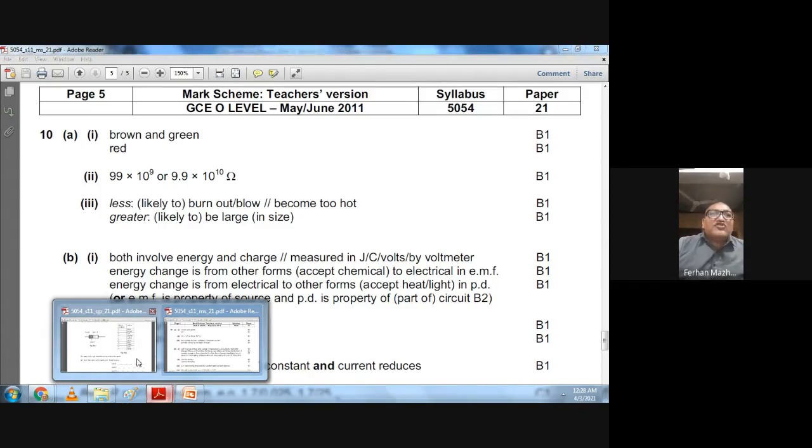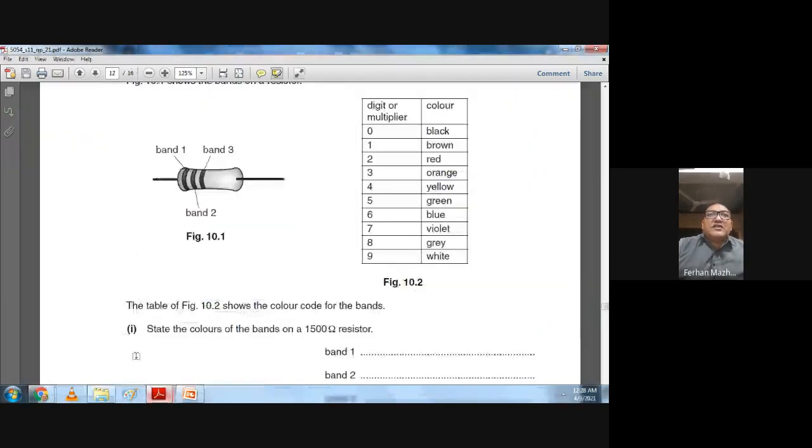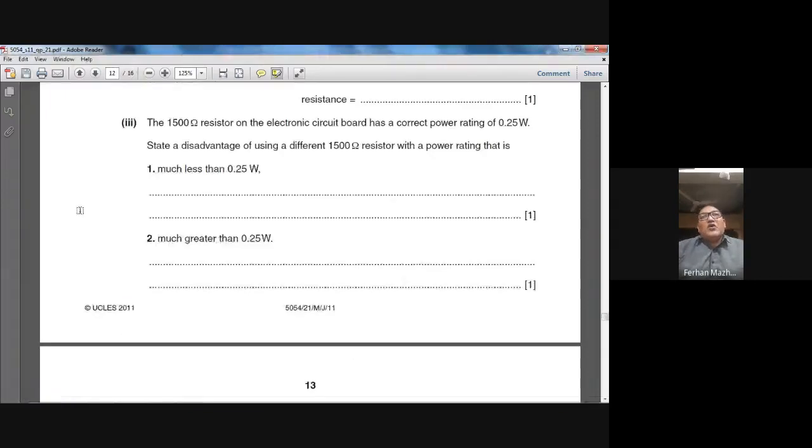Okay, the next question. It says a 1500 ohm resistor on the electronic circuit board has a correct power rating of 0.25 watt. This much power it can bear. State a disadvantage of using a different 1500 ohm resistor with a different power rating.